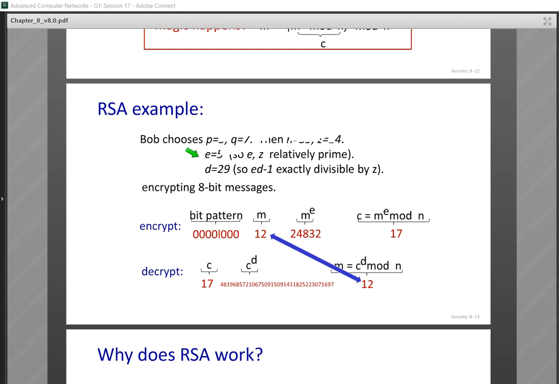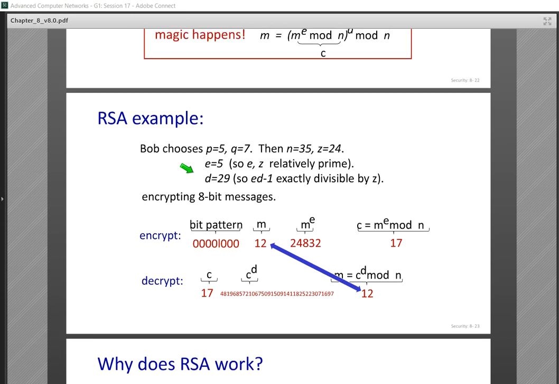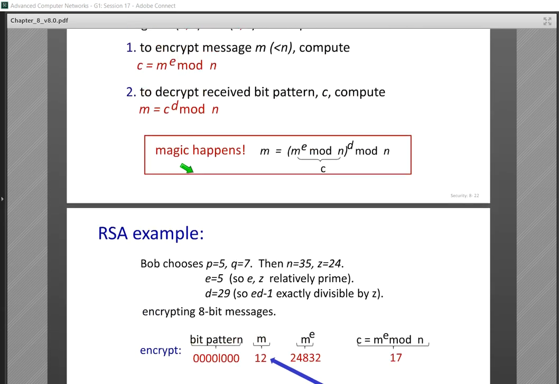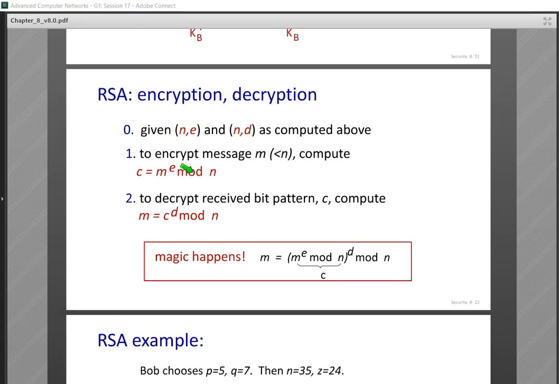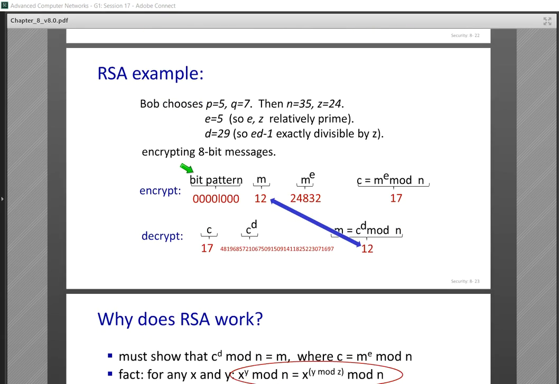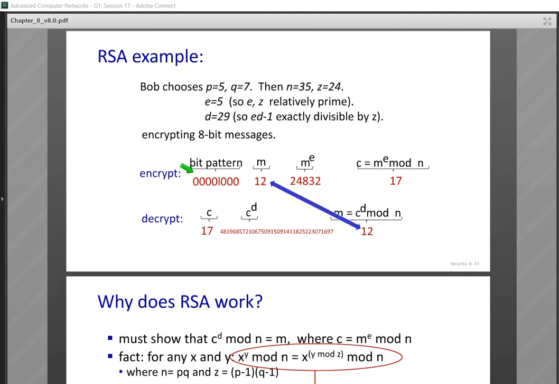And we can find E as 5 because I said that we should choose it. So E is 5 and D is 29. And as I said, n and e is the public key and n and d is the private key.